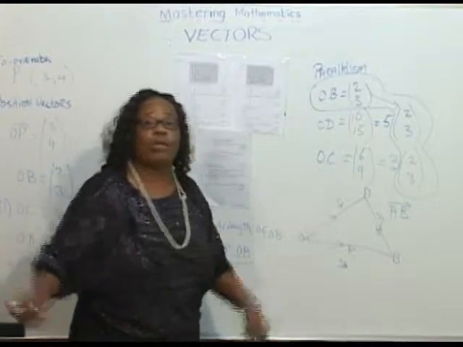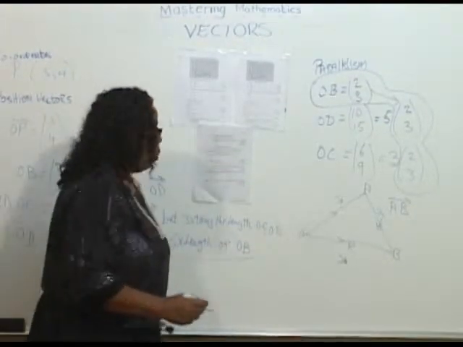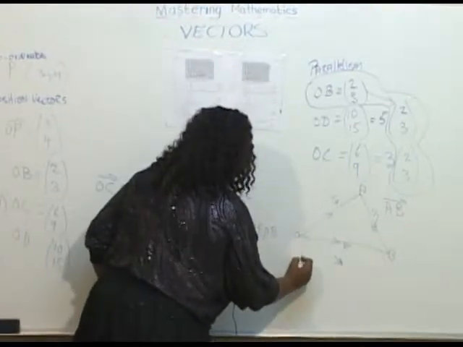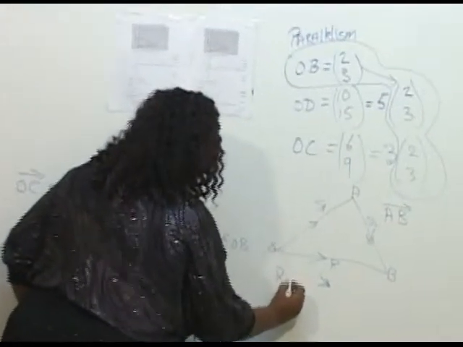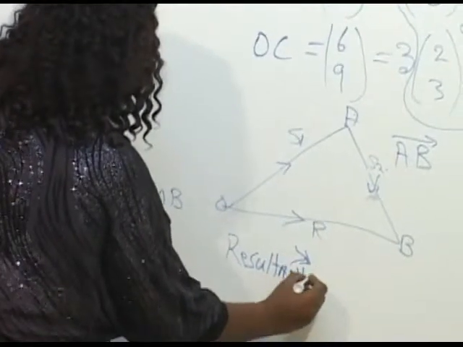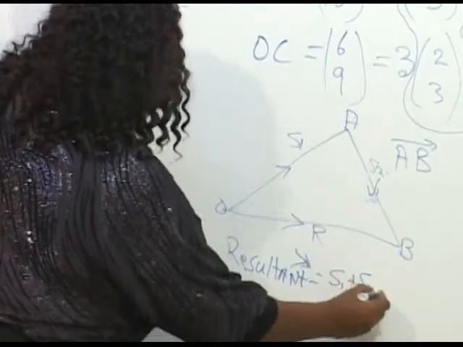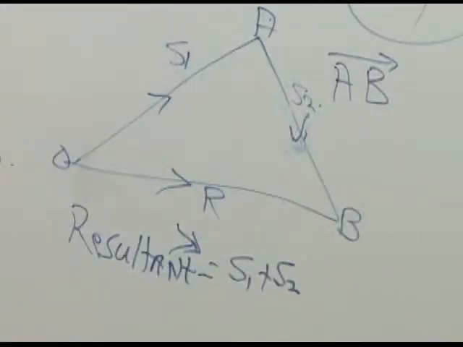From that, every time we have two formulae which we can talk about. Resultant is equal to side 1 plus side 2. For those of us who have done our Pythagoras theorem, it's as if you compare the resultant to the hypotenuse, which is equal to the sum of the other two sides.